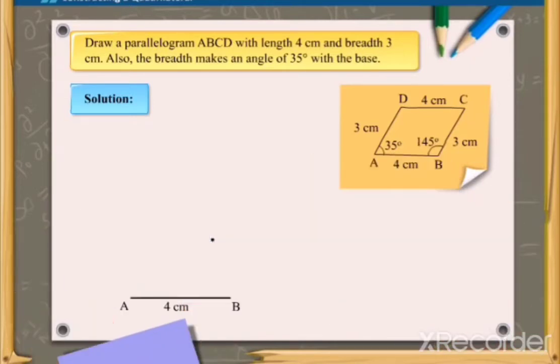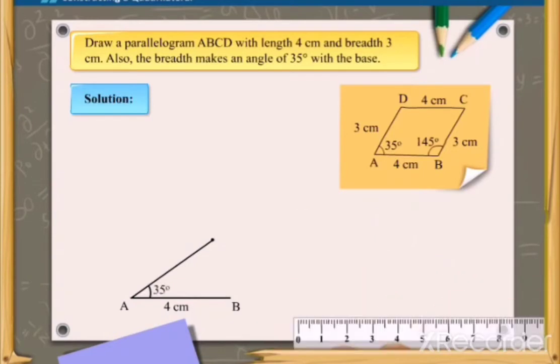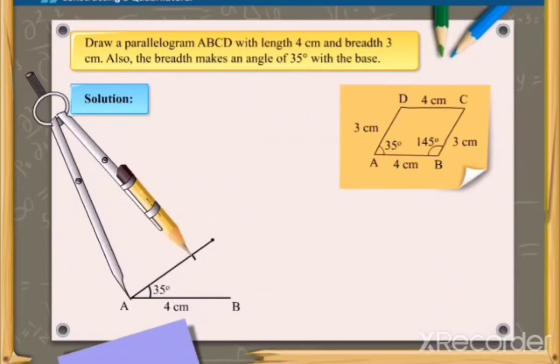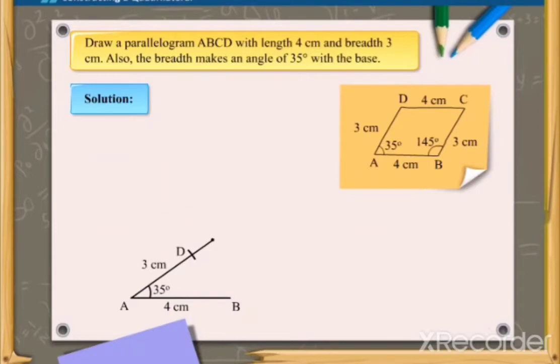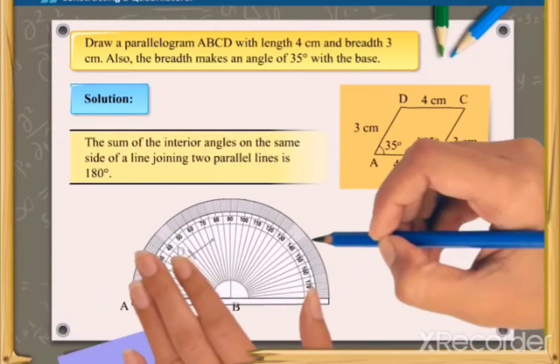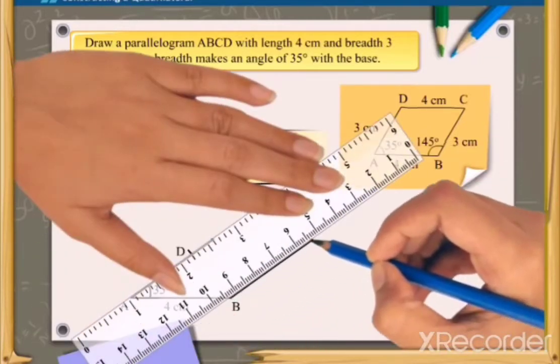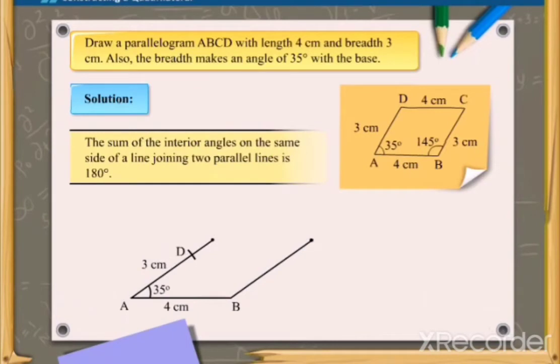Now, from A, mark a point for an angle of 35 degrees using a protractor. Draw an arc of radius 3 centimeters intersecting the previously drawn line at D. Since the sum of the interior angles on the same side of a line joining two parallel lines is 180 degrees, the angle made by BC with AB is equal to 180 minus 35 degrees.